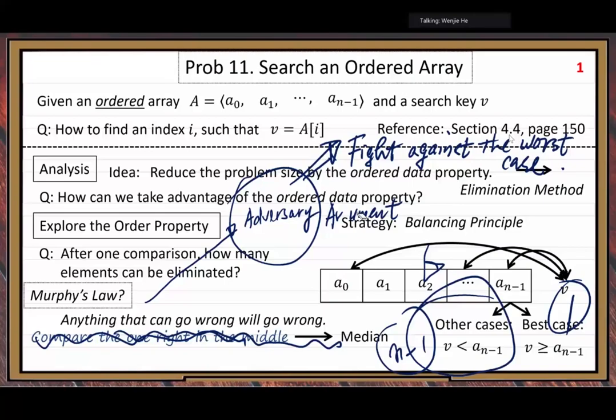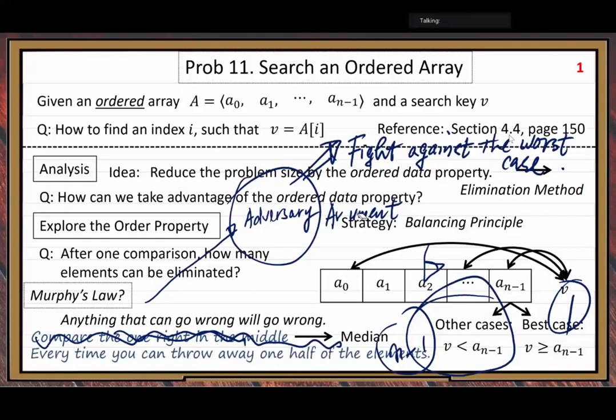That's another useful view of this question, this balancing principle. Later, in other divide and conquer problems, we can use this understanding.